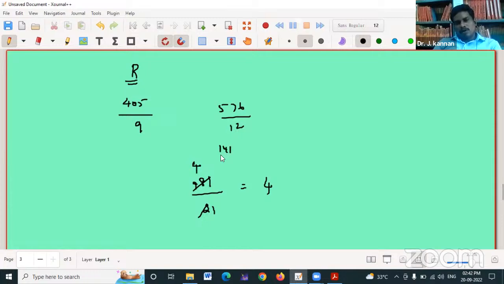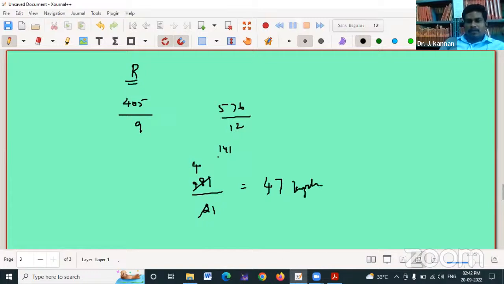So 141 is exactly 7 times 21, which gives 47 kilometers per hour.